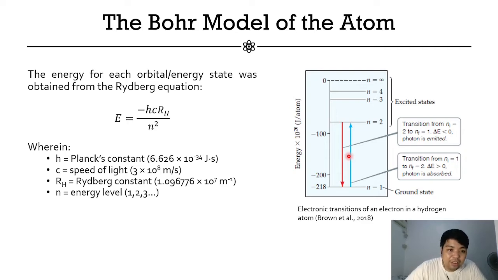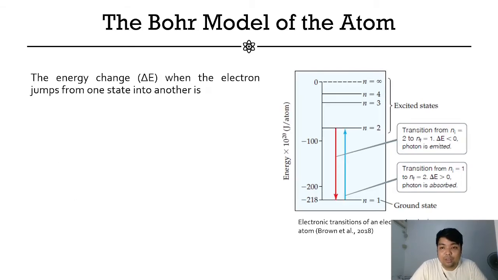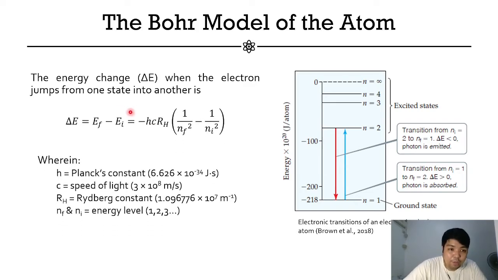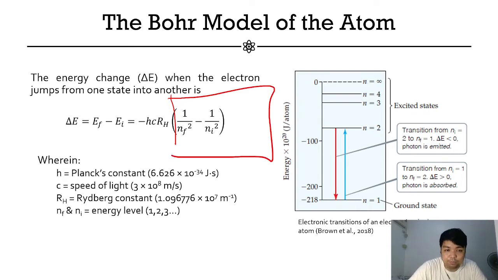Again, we use Planck's constant and the Rydberg equation, and the n here will be the energy level, or the whole number orbit where the electron currently resides. The energy difference, or the energy jump, when it jumps from one state to another is equal to this formula here. This will be the final formula.